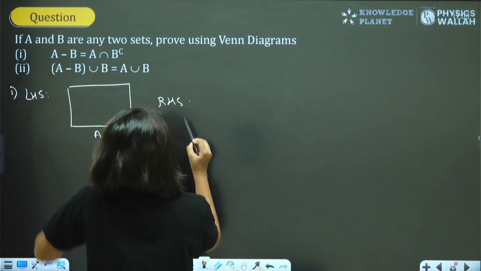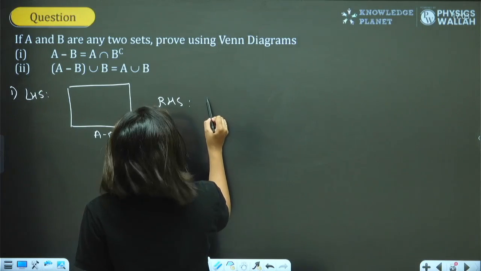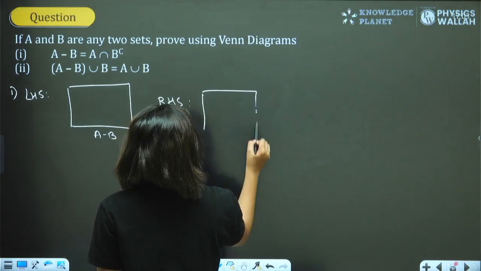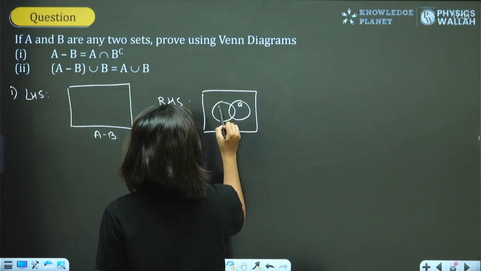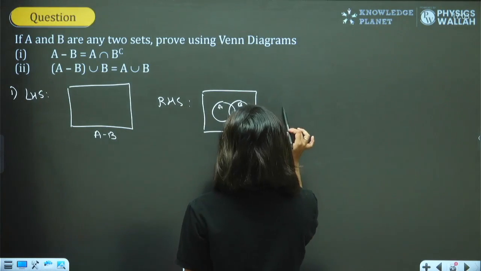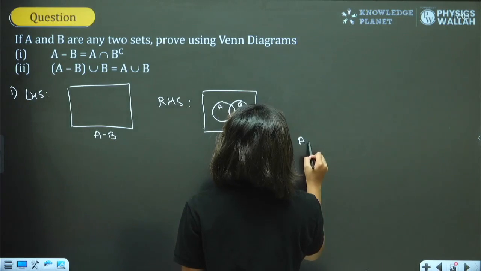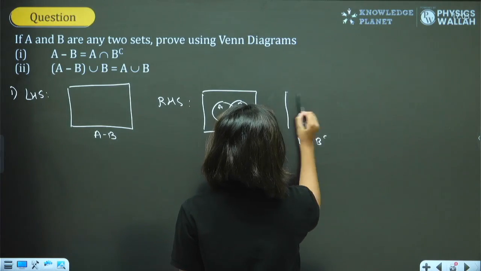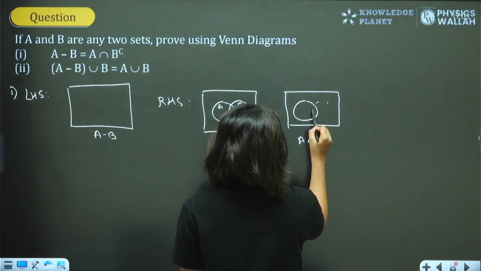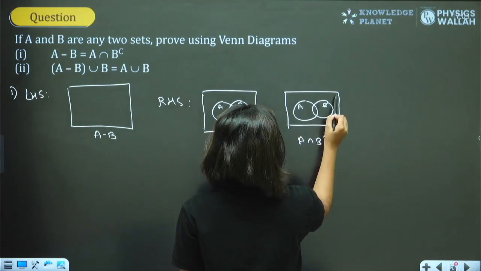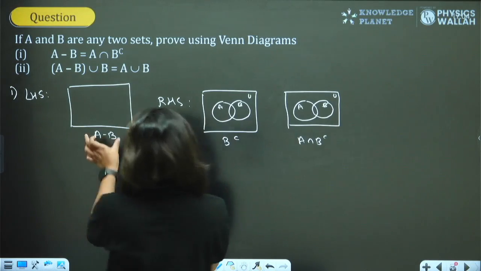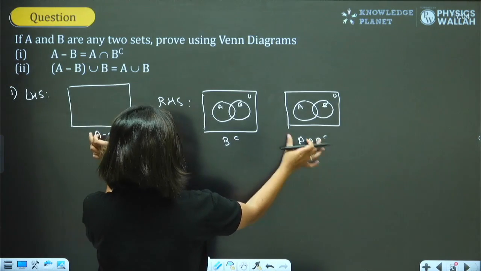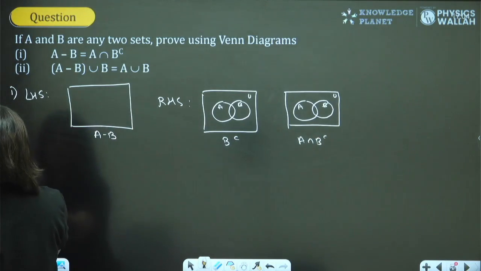Now the LHS of the other question. So the first diagram should be B complement. And then A intersection B complement. We'll take the complement of B with A. Right? So here there is A minus B, A intersection B complement. We'll compare if our LHS is equal to RHS or not.